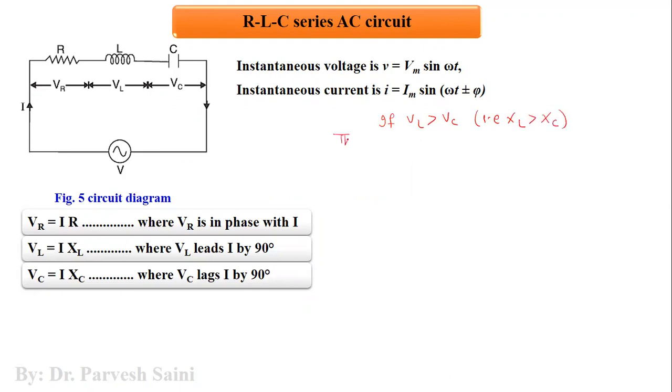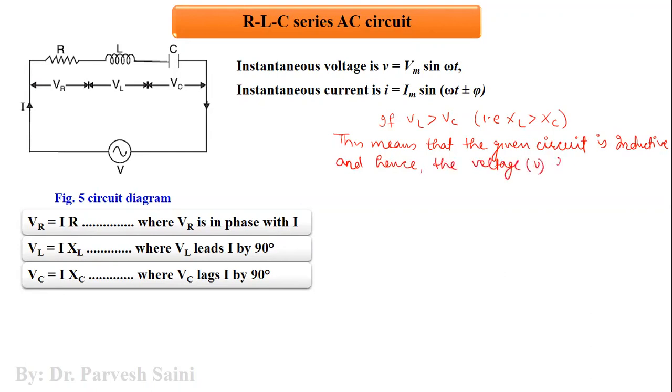So this means that the given circuit is inductive, and hence the voltage V leads the current I by angle phi.